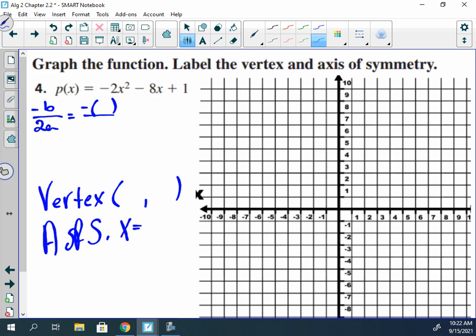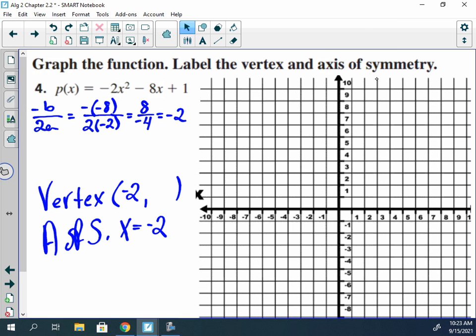Negative the value of b is... negative negative 8 is 8. 2 times negative 2 is negative 4. 8 divided by negative 4 is negative 2. And we can plug it into the x value of the vertex and the axis of symmetry. So our axis of symmetry is x equals negative 2. The vertex is negative 2, comma, well, we need to find out what the y value is.